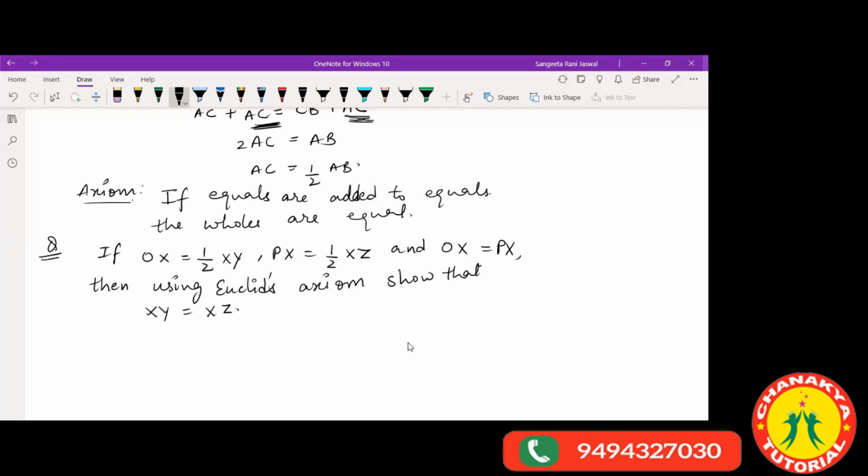Now I'll make the figure here. The figure is like this: X, Y, Z, and this is from O to P. O and this is P. And this is the figure. Please try this.